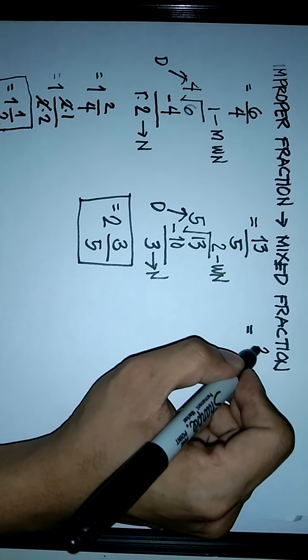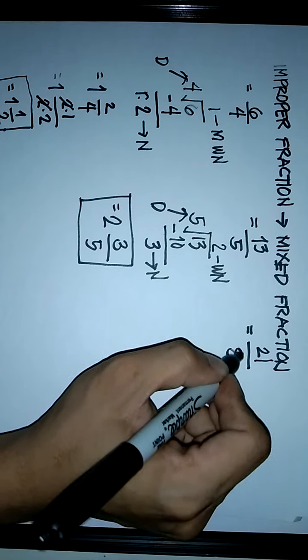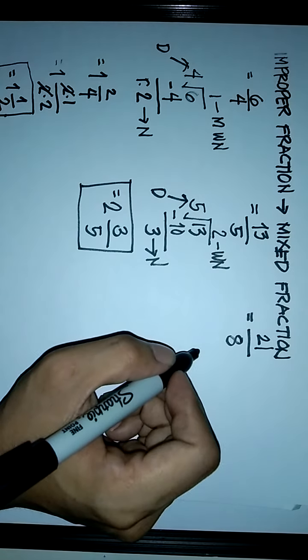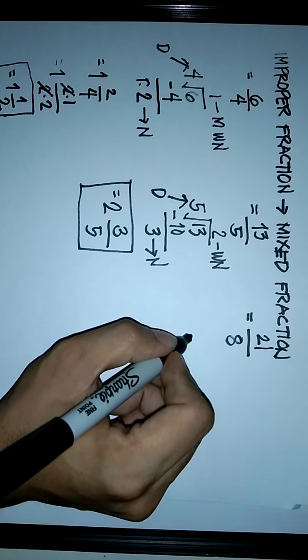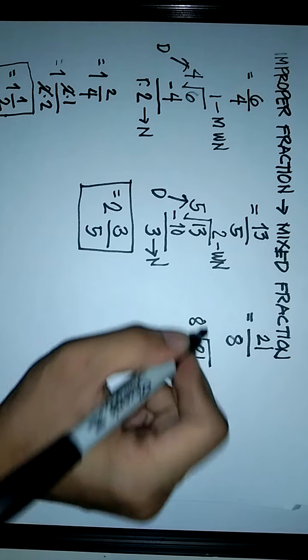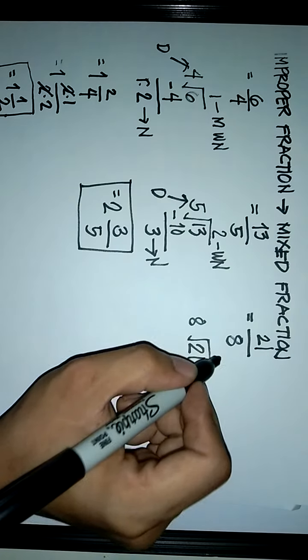Okay, let's have another example. Let's have 21 over 8. So let's do the long method of division. So let's have 21 divided by 8. Okay. Ilan bang 8 meron sa 21? Diba meron lang tayong dalawa.